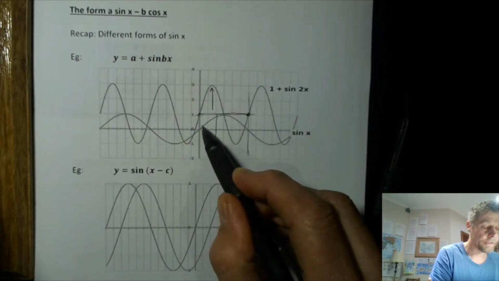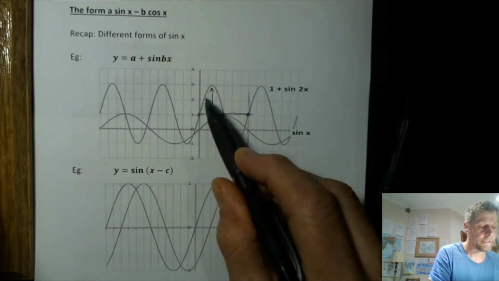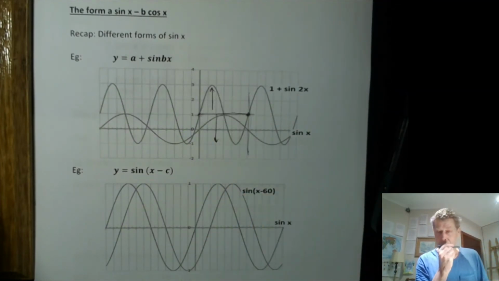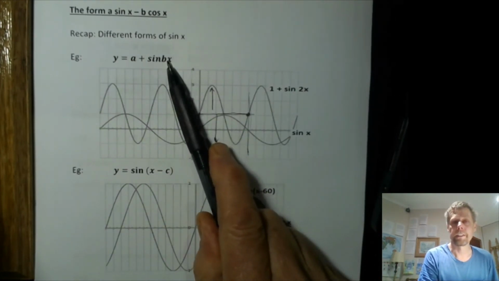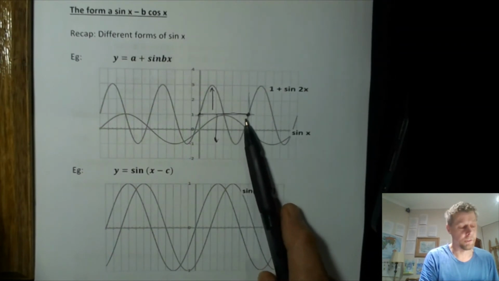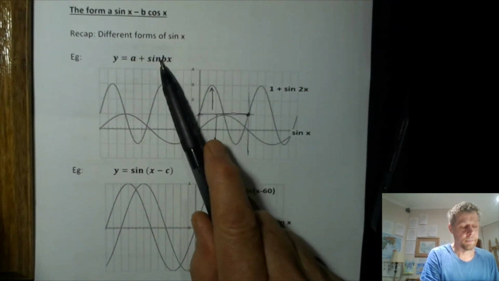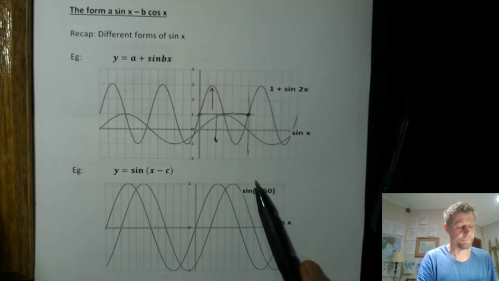Here's my original sine, which takes 360 degrees, whereas this one has doubled up. That's quite interesting. When this number b increases, the sine wave goes faster, not slower. You'd think a bigger number would take a longer time, but it's counterintuitive. The bigger that number, the tighter your sine and cos graph is going to be.